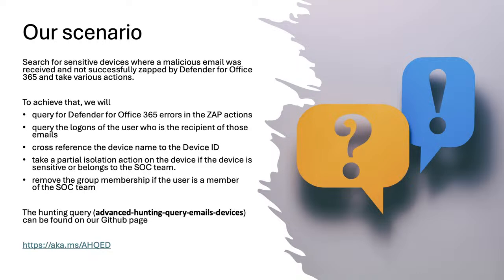And once we get a list of devices that are associated with the failed ZAP action on a user's mailbox, we are going to partially isolate those devices if they are sensitive or if they belong to the SOC team. Okay. And as a last step, if the user who is affected by this type of event is a member of the SOC team, then we will also remove these users' membership from the SOC team.